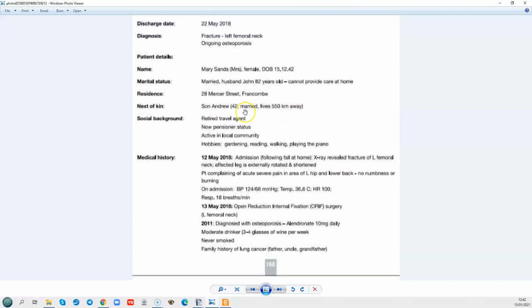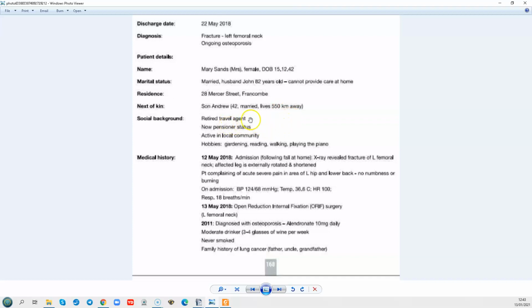Now this one here, maybe you don't have to include that, but you could maybe mention, because it's a pensioner, she's going into a nursing home, they might want to know something about the family. The husband, he can't come, he probably won't, or he might visit, but he can't help out because he's 82. A son probably won't be coming, he's too far away, okay?